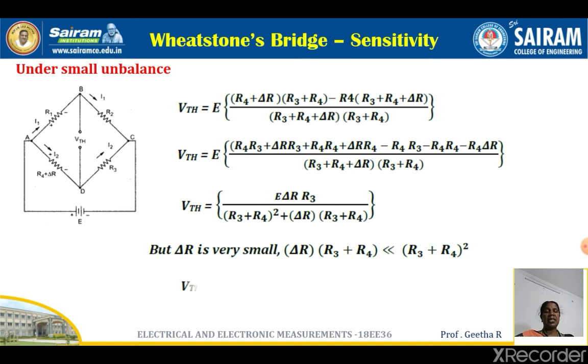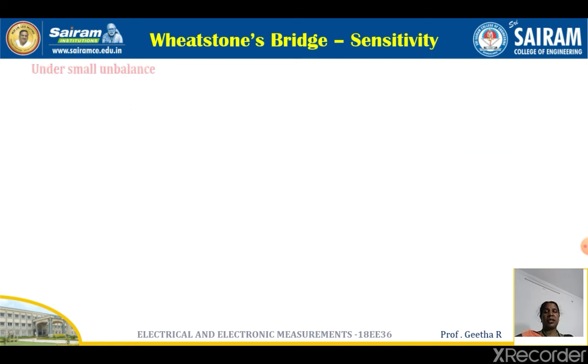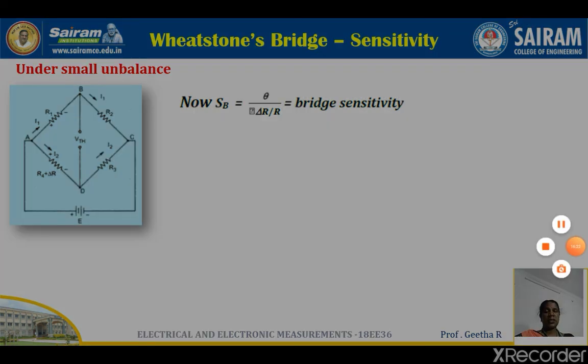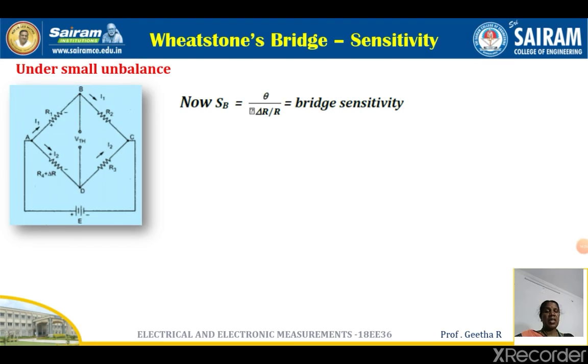So you can write VTH is equal to E del R into R3 divided by R3 plus R4 the whole square. So that's all about this VTH.